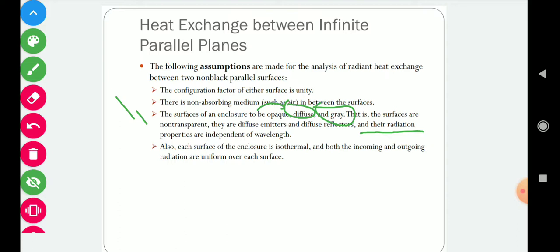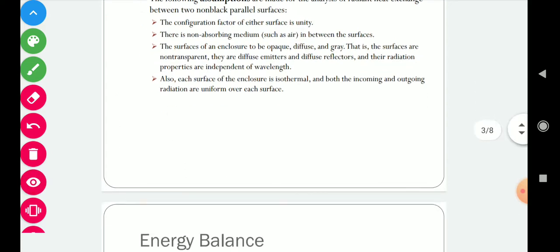The last assumption is that each surface of the enclosure is isothermal, and both incoming and outgoing radiation are uniform over each surface. So these are our main assumptions.